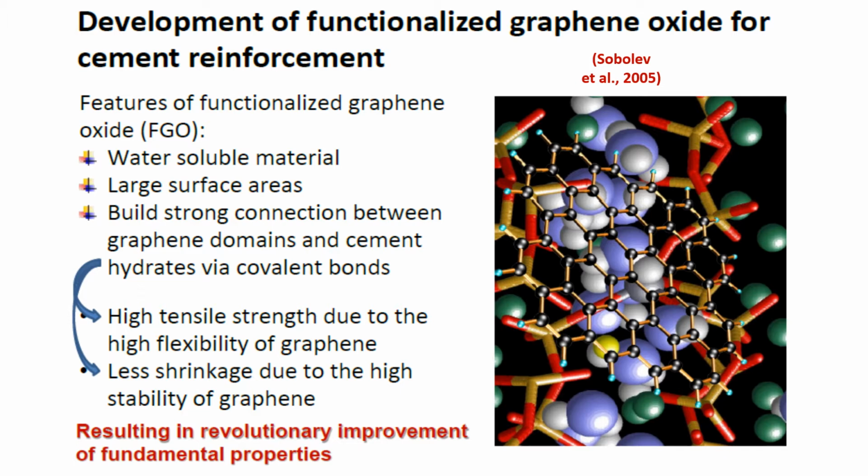What I understand from the term functionalized graphene oxide is that it is something different from the conventional graphene oxide or GO, which has been around for at least more than 10 years or so, and everybody's aware of that. What is GO or graphene oxide?